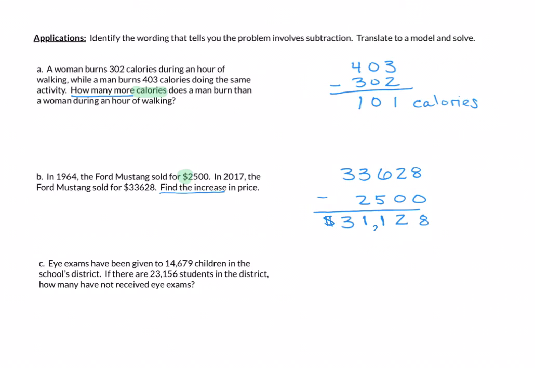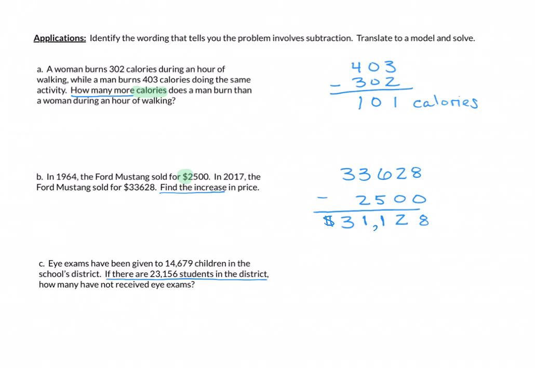So this one, the main thing to note here is that we are given the total. And it's divided into two categories, people who have gotten eye exams and people who have not. If you combine those two, you get the total. We are looking for a part of the whole, so this is going to be a subtraction problem.